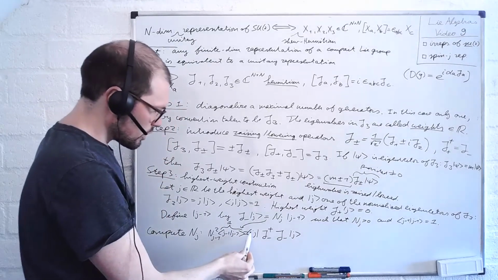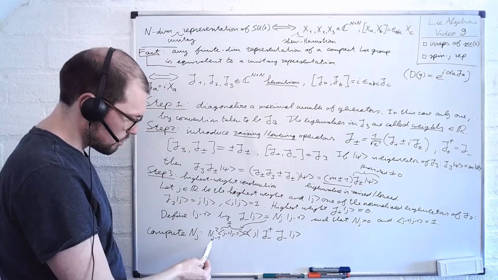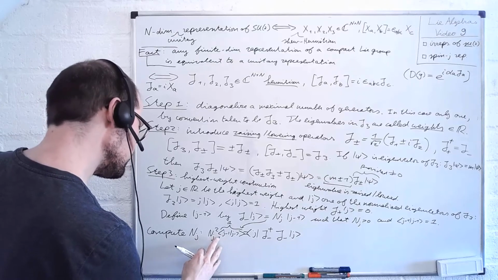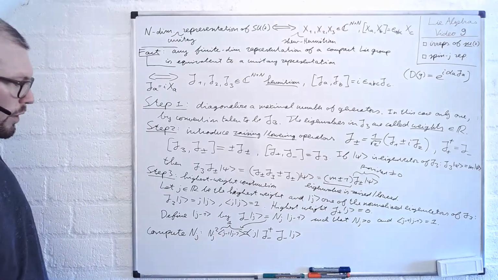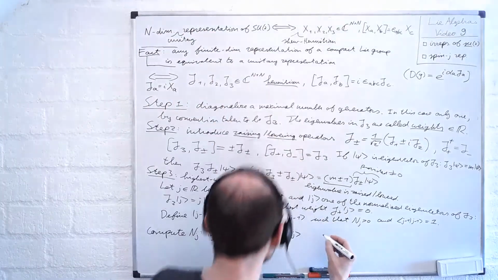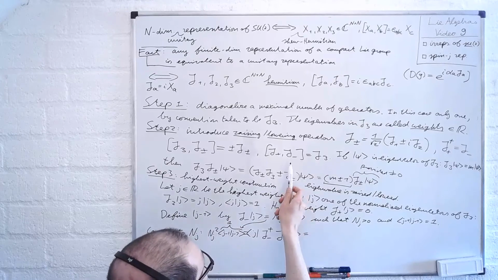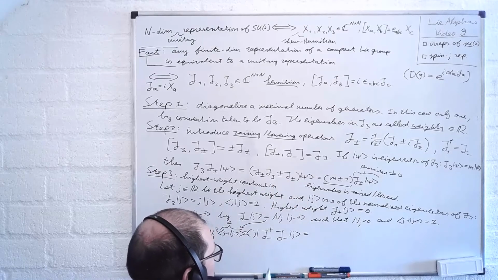So if we can work out what this particular inner product is, then we know what the value of n of J is. Here we're going to use the commutation relation of J minus with J plus.